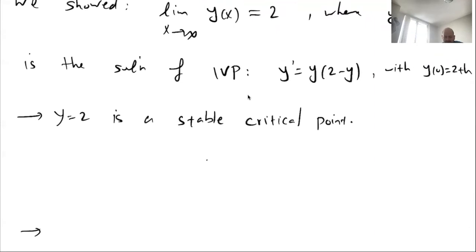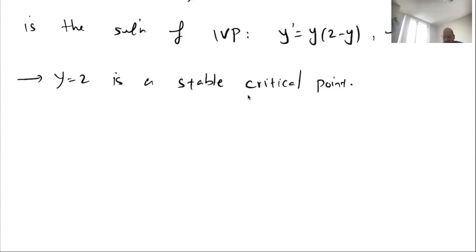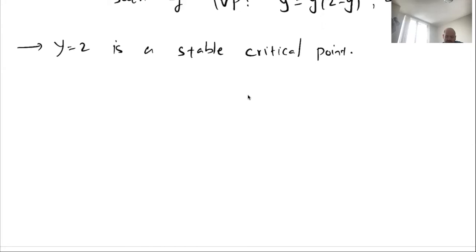Now, let me give you an exercise that you can think about. So here we had 2 critical points, one stable, one unstable. And you can do a similar exercise.